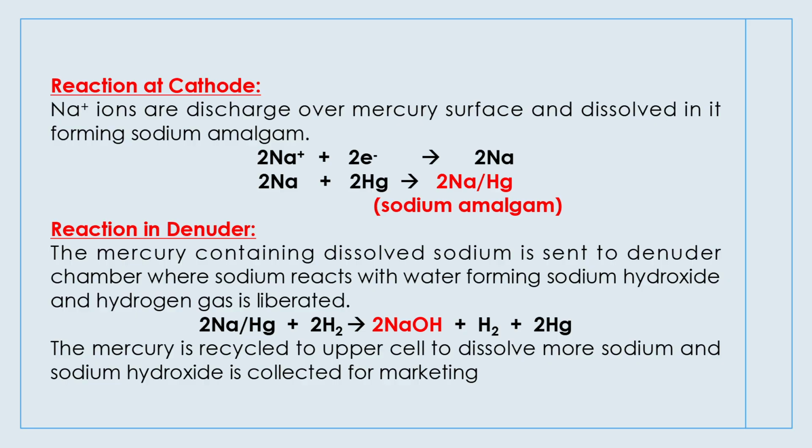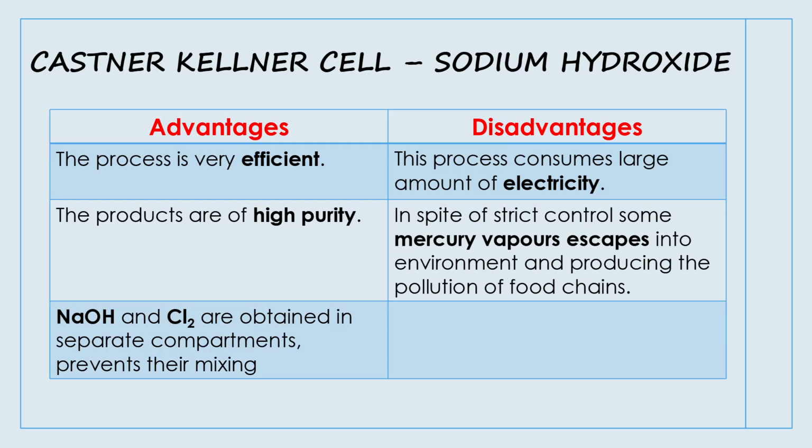On the cathode we have the production of the amalgam, which is a mixture of sodium and mercury. You also get this in the multiple choice questions. In the denuder, that amalgam is used further for the separation of sodium and mercury, resulting in the formation of sodium hydroxide. You can easily note this down and attempt it in your board examinations.